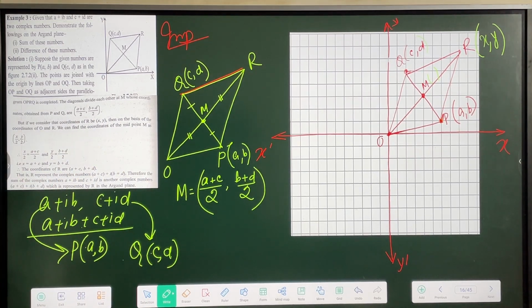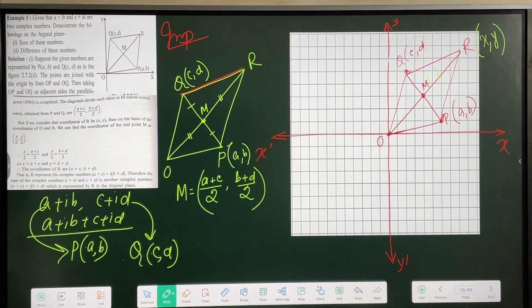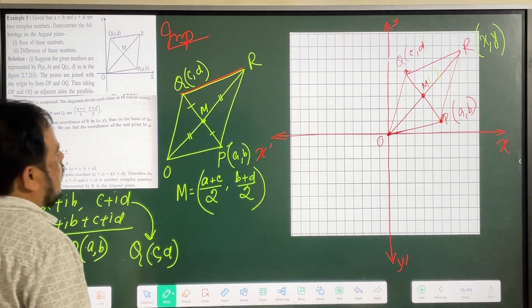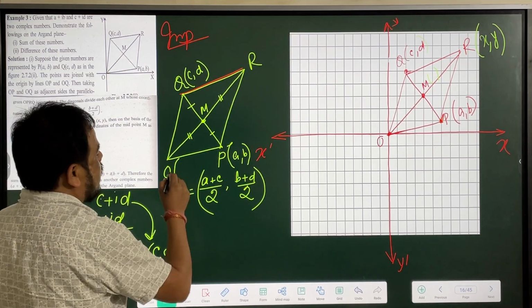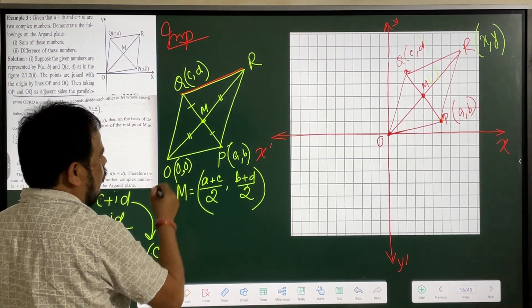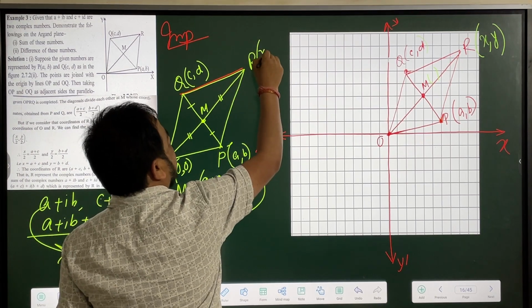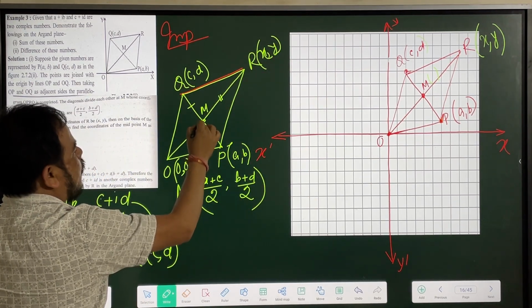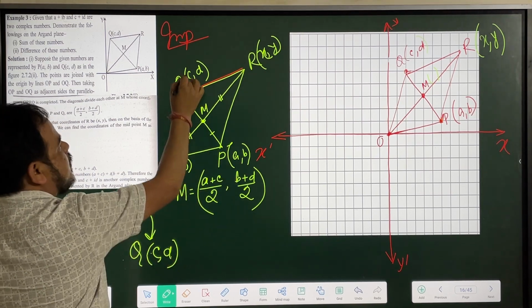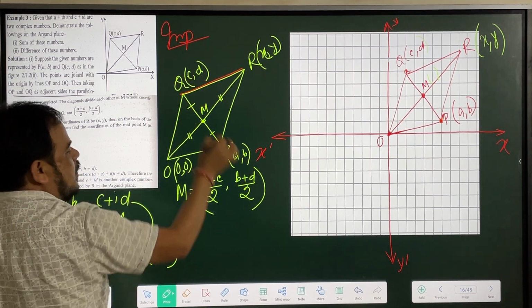Look here. The origin O means 0, 0, which you know, I think. R means x, y. To find the midpoint of PQ, we did A plus C by 2, B plus D by 2.